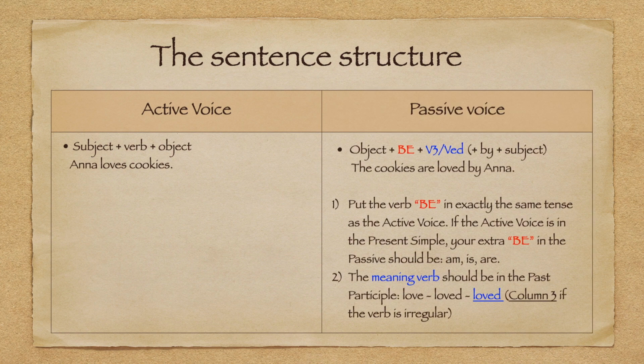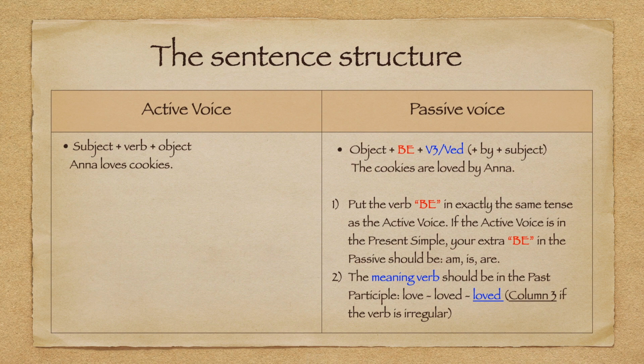However, in the passive voice, first comes an object, then we add be. After that, we put our verb in the past participle, or we add ed after the verb, if the verb is regular. Only at the end you may add the subject, but you don't have to do that. For example, the cookies are loved by Anna.